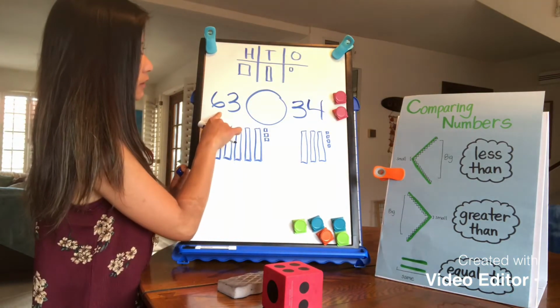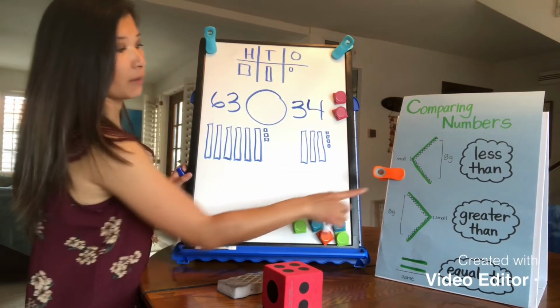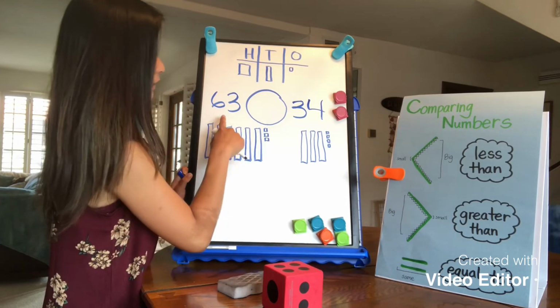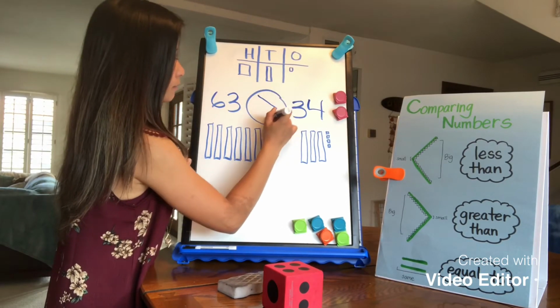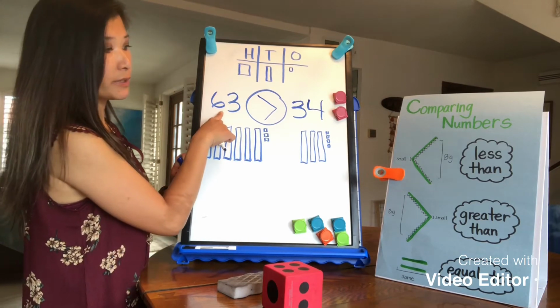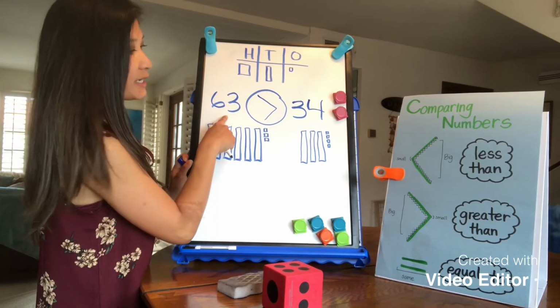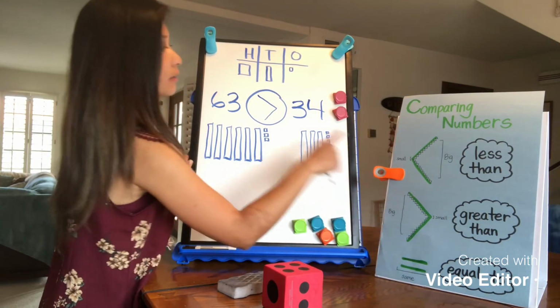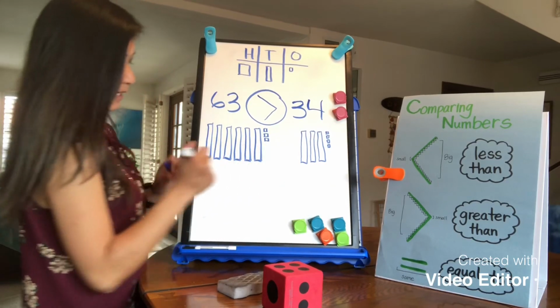So I would use my greater than symbol because remember, the bigger mouth eats the bigger number. And then I would read it again using the vocabulary word. 63 is greater than 34. And I know that because I can compare them using base 10 blocks.